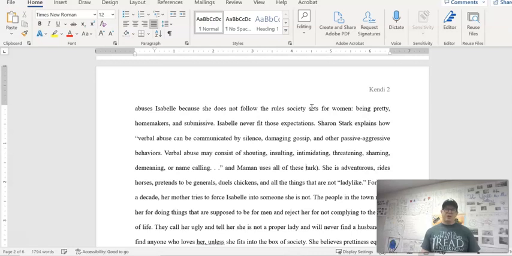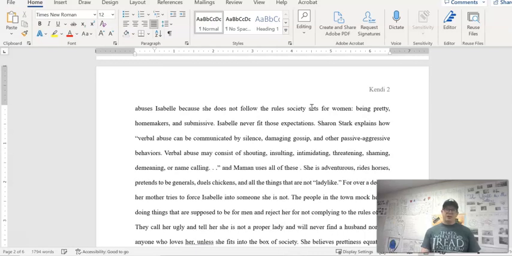All right, and then you don't need the Stark since you've already said who it is. That works a little bit better. It's letting us know that we're about to have this quote and prepares us for it, and we go into it. And then we have a reference to how it's integrated into the context of the story, because Mammon uses all of these.